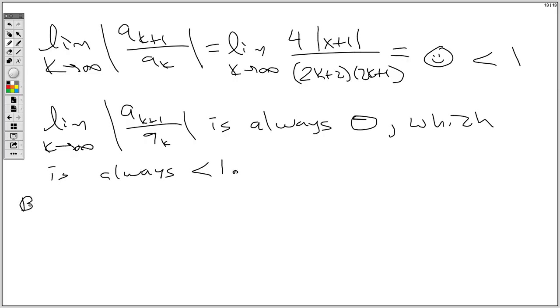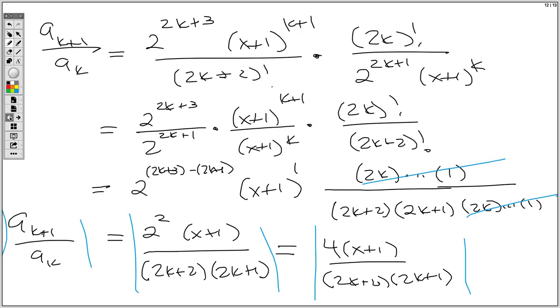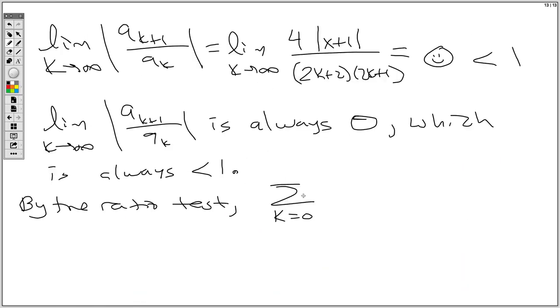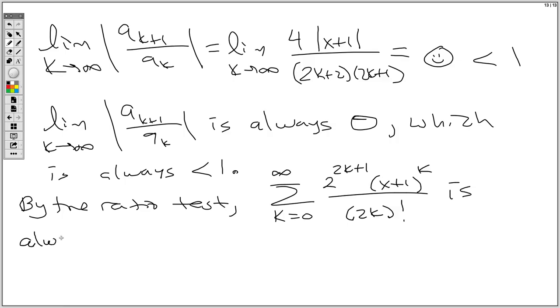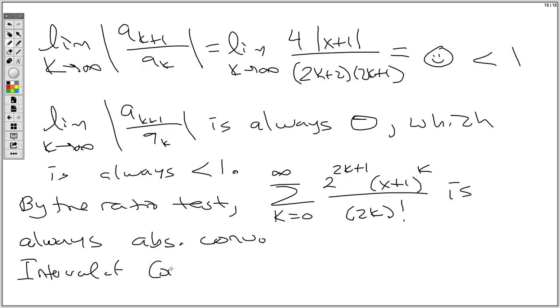So by the ratio test, the power series, k goes from 0 to infinity, 2 to the 2k plus 1, x plus 1 to the k over 2k factorial, is always absolutely convergent. So the interval of convergence is minus infinity to infinity.